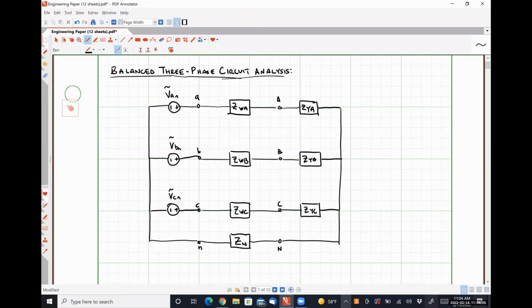Okay. So this circuit will be balanced under the following criteria.